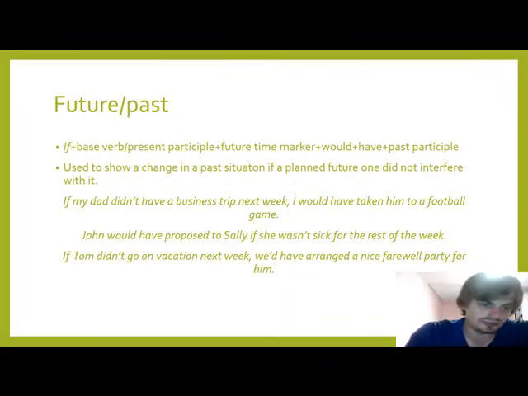And our third example for today is, if Tom did not go on vacation next week, we would have arranged a nice farewell party for him. So basically, we have Tom. He has resigned from his job, and he wants to have a vacation before that. When he comes home, he doesn't have to worry about going to work the next day.